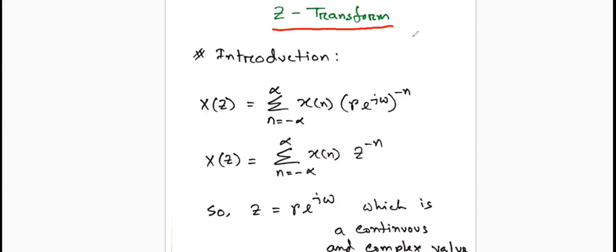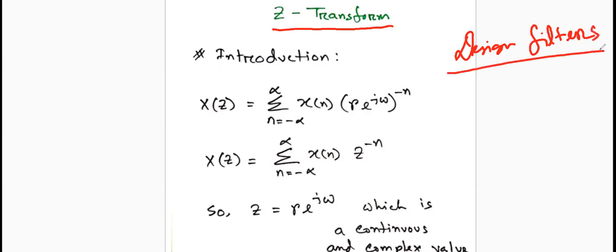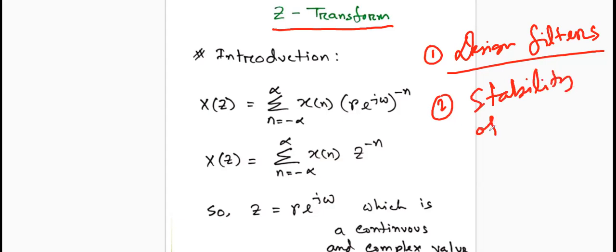So this is a tool by which you can design filters. Designing filters by the Z transform is very convenient and effective. Number one. And number two, which is the main purpose of the Z transform, is to understand the stability of the system.